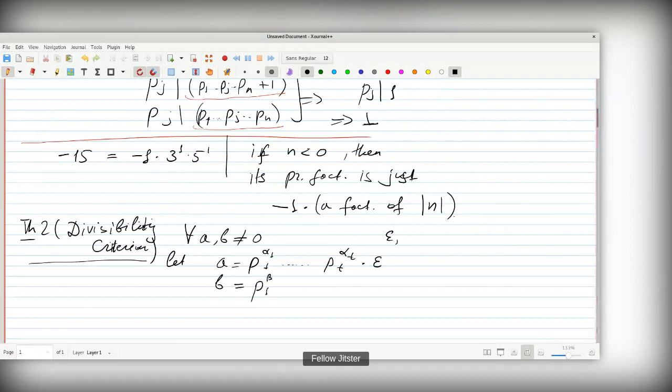And the same for b, where epsilon and delta are either 1 or minus 1, these signs. So let us consider these two factorizations.